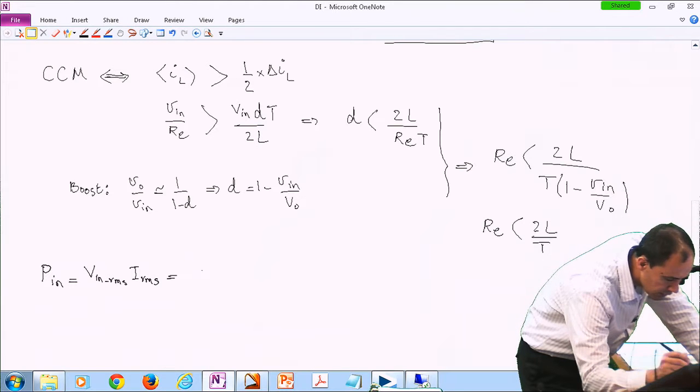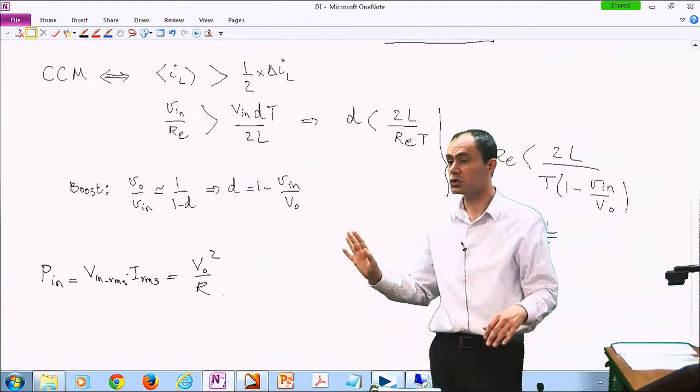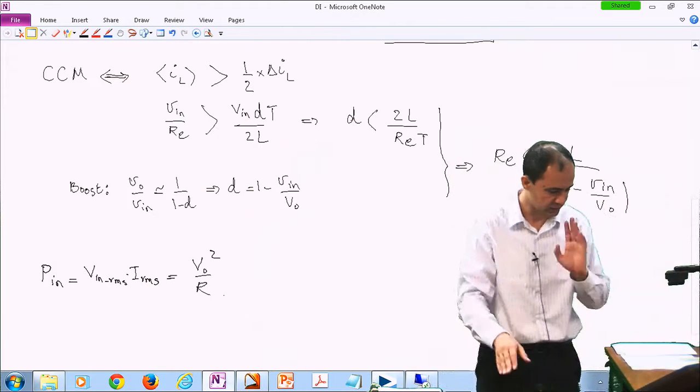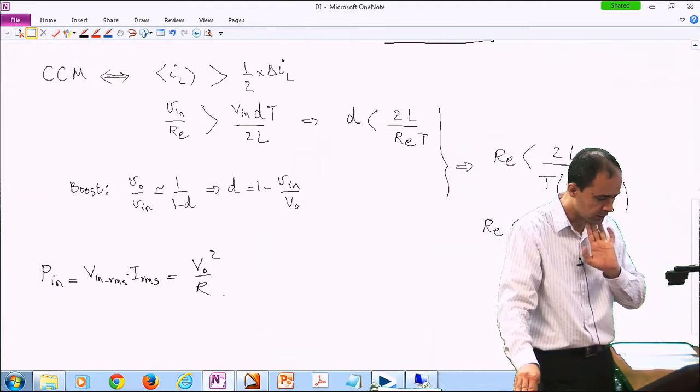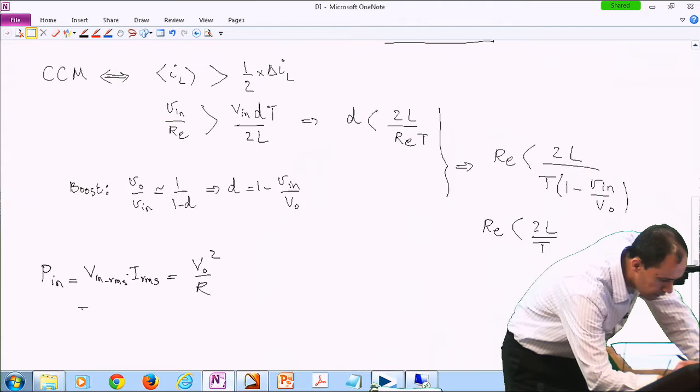At the same time, it is Vout squared over R. Again, assuming that your output voltage is almost DC, neglect the ripple.